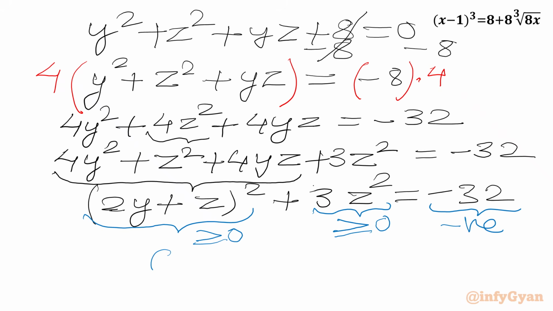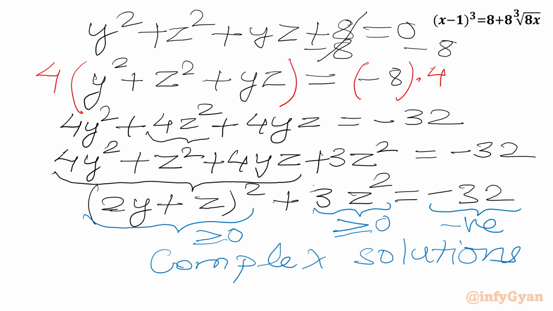That means we are going to get complex solutions. So we will be rejecting this equation. So the accepted case would be y equal to z. So I will write here y equal to z.